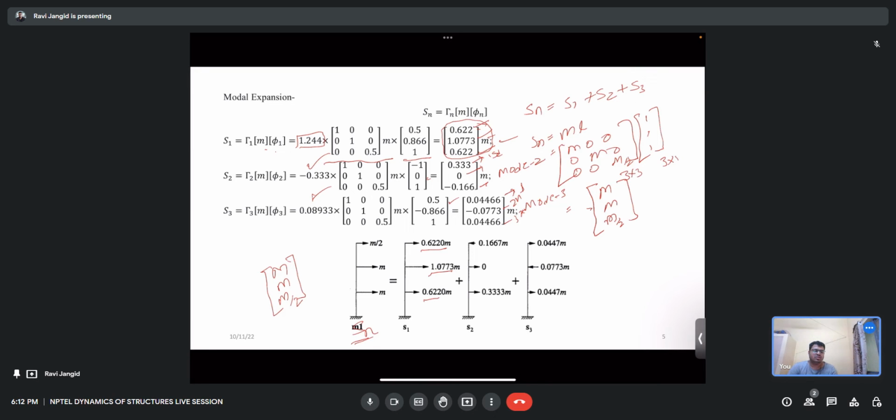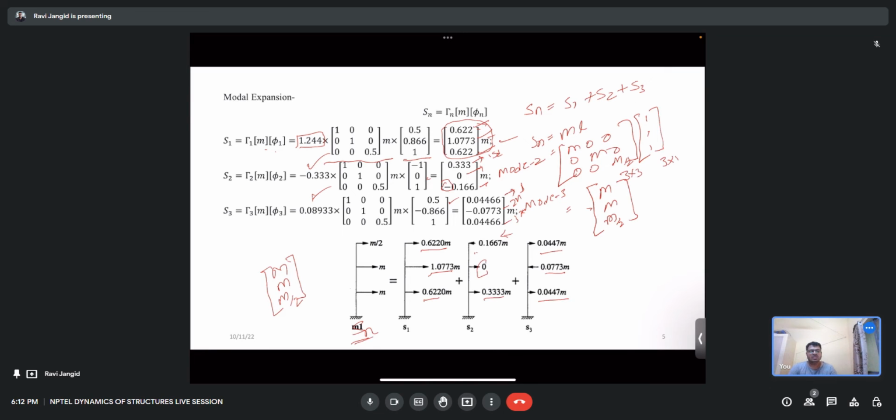For the second mode, it comes out to be 0.33 for the first degree of freedom, 0, and that is in the opposite direction because here it is negative, so that's why it is in the opposite direction. The same for mode 3, it is 0.047, then 0.073, and 0.047.